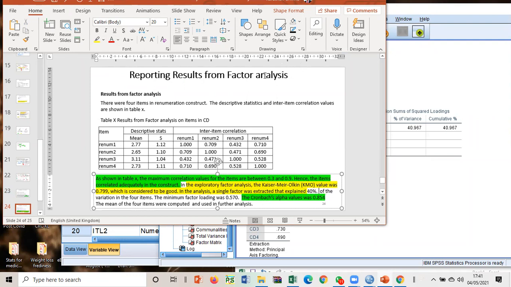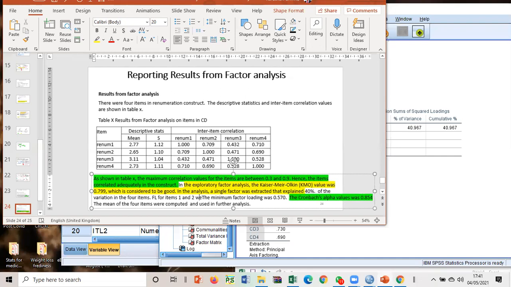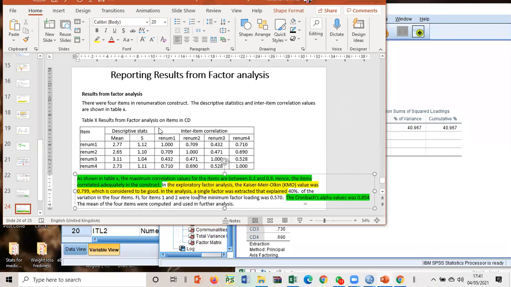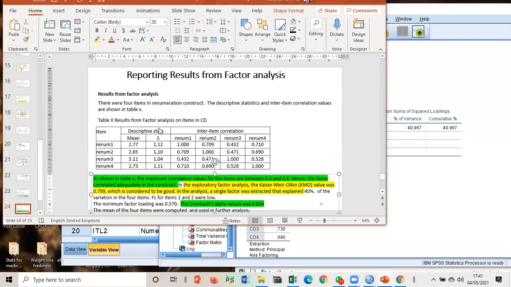So here I talk about factor loading. This is the factor loading. The factor loading for items 1 and 2 were low.